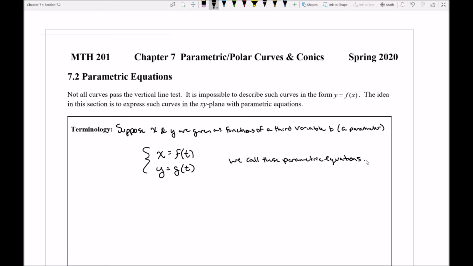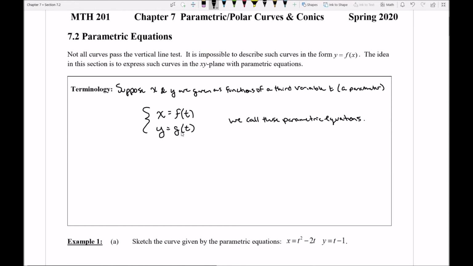Now, each value of t that we plug into one of these formulas is going to give us a value of x and y, and that will allow us to plot points. When we plot all of the points for all values of t, we create what we refer to as a parametric curve.